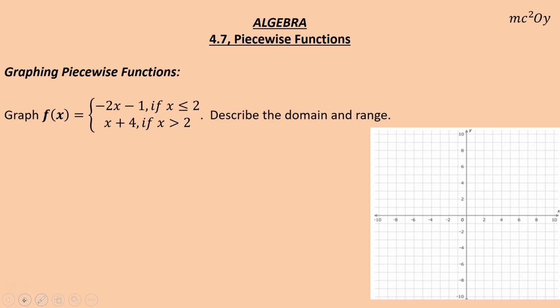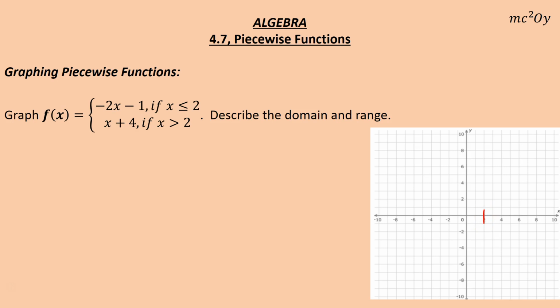Now let's go ahead and try to graph some here. All right, and I'll do my best to make this easy to understand. The first thing to recognize is you once again have two parts. You have x is less than or equal to 2, and x is greater than 2. So I'm going to go over to my graph and mark where x is 2.